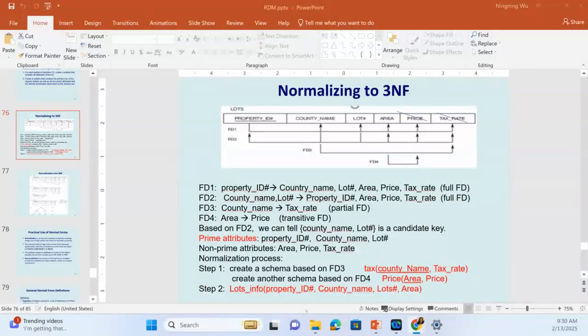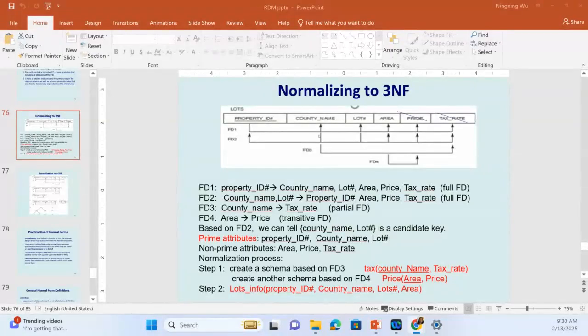I think in the last class, we ended up discussing this example. This example is very special in the sense that it has 2 keys. Okay, so the property ID is 1 key. The second key will contain both county name and the lots number. So that's the second key. The property ID is underlined, which means that is the primary key.